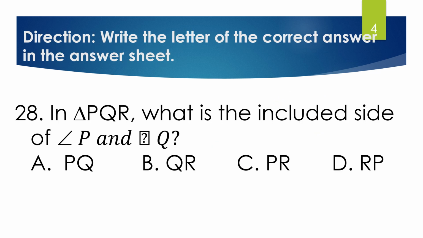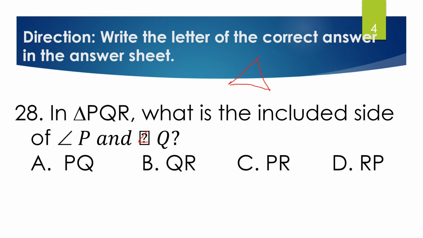In number 28, we have triangle PQR. What is the included side of angle P and angle Q? Okay, angle P and angle Q. It's better that we draw this.